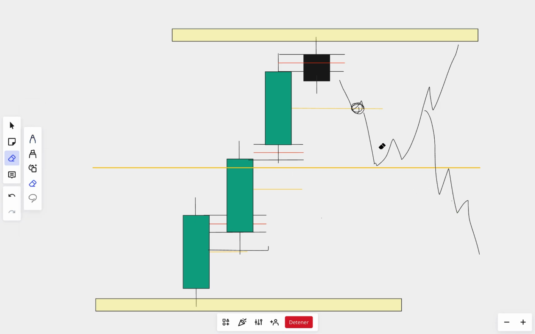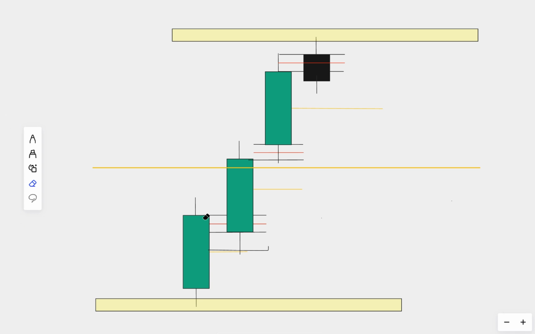Okay, so this basic diagram here, you can have a complete model to trade using this.